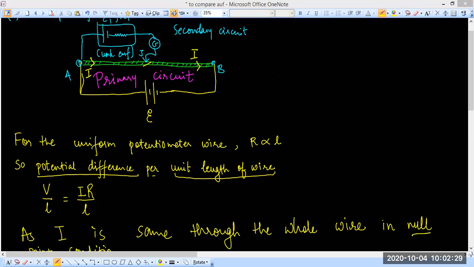So suppose 1 ampere current comes here, that same 1 ampere will go here. I hope you realize that, because there is no current here in the galvanometer.